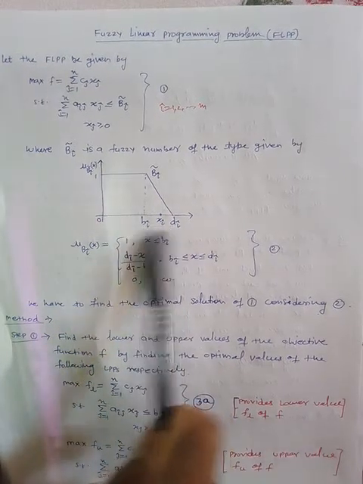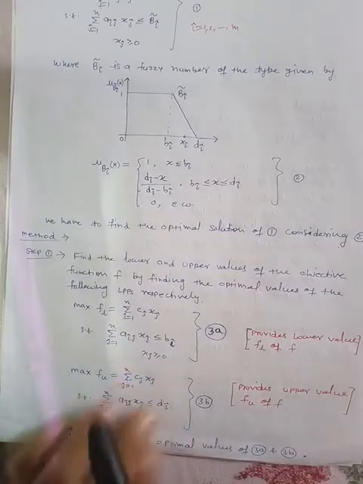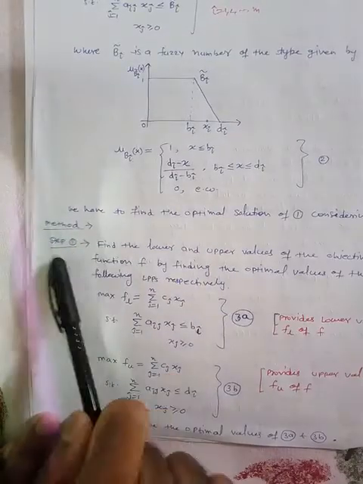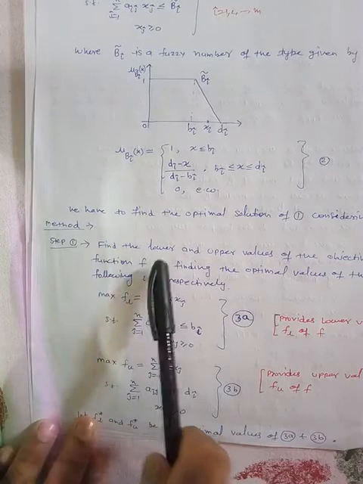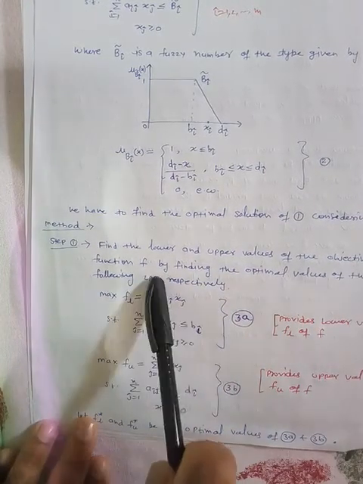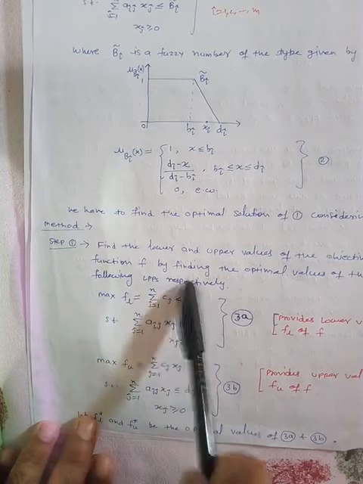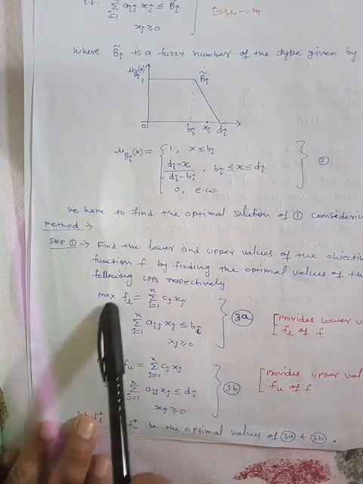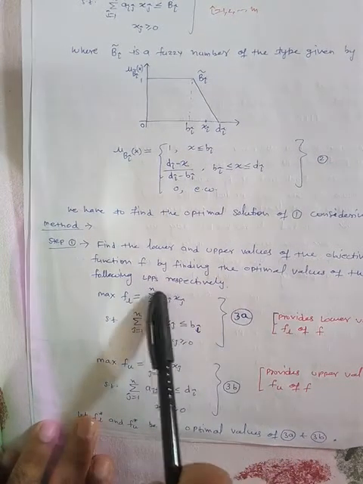Now we have to solve this type of linear programming problem in two steps. The first step is to find the lower and upper values of the objective function f by finding the optimum values of the following linear programming problems respectively.